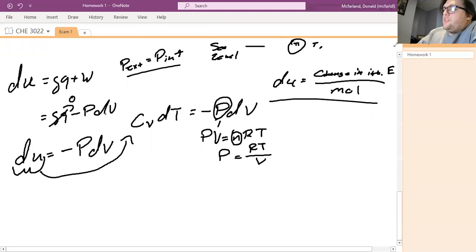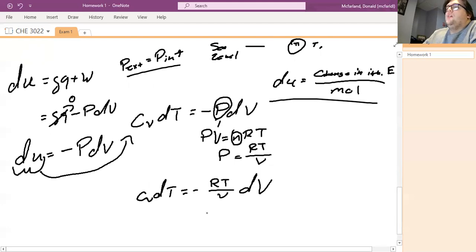So let's get back to this equation. The specific heat capacity at constant volume, multiplied by the change in temperature, is equal to negative RT over V dV. Now V is already satisfied with dV, but temperature needs to go on this side so it can be with dT.